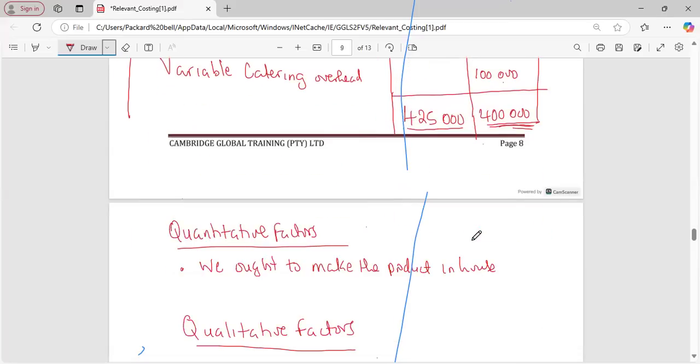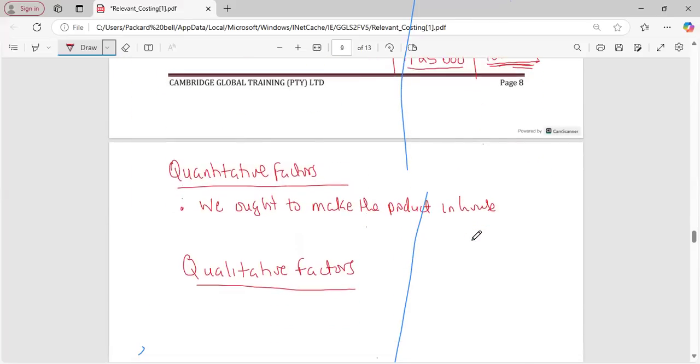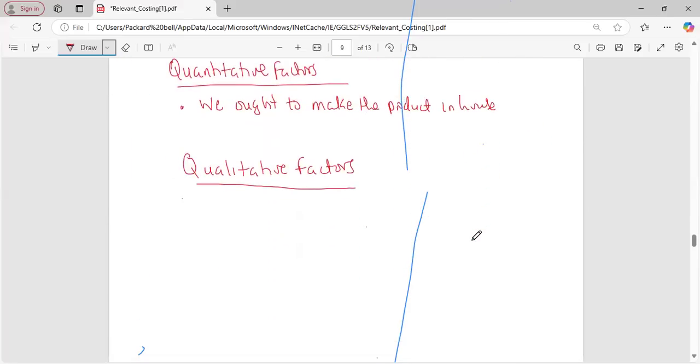Okay, maybe I will say the quality that we're gonna get from outside. Yeah, you may find that quality might be good, even if you decide to make, but you don't have the experience.